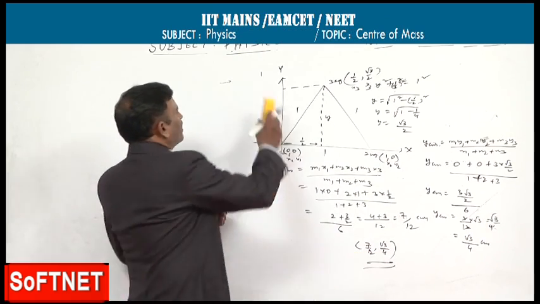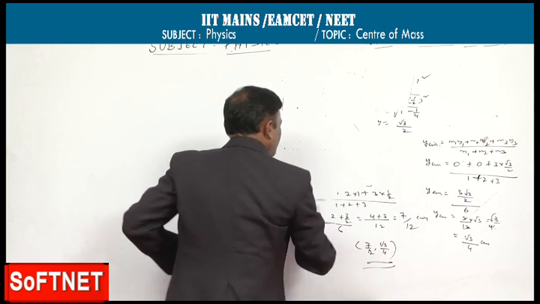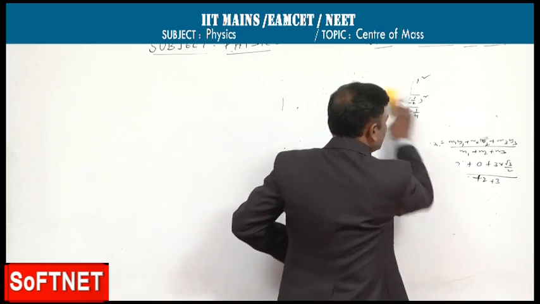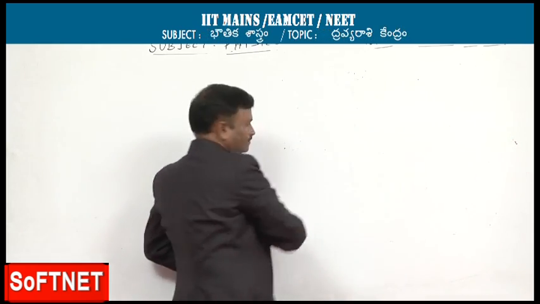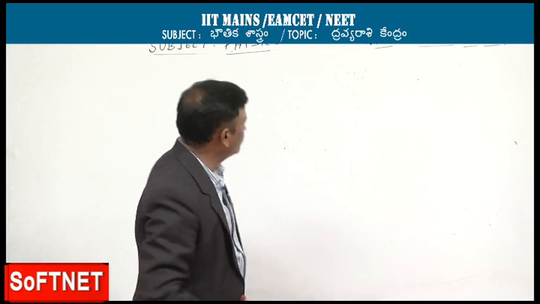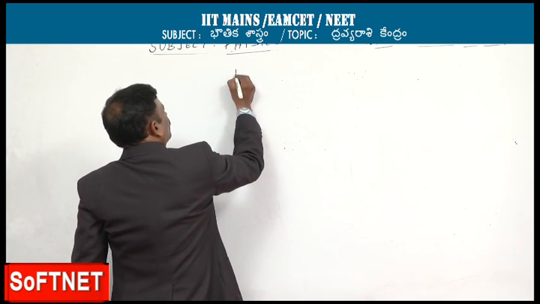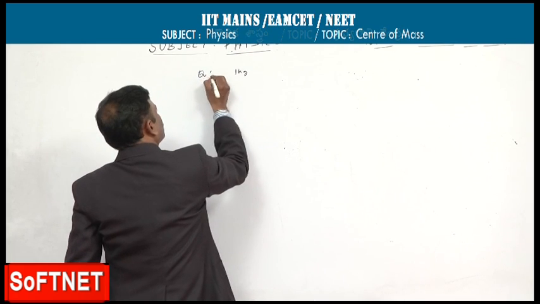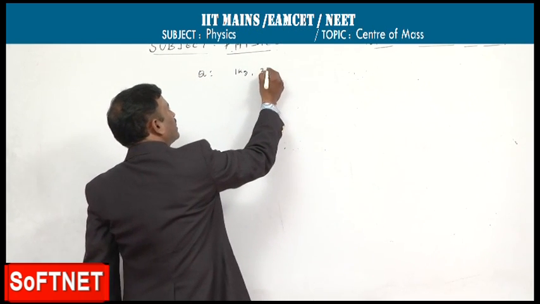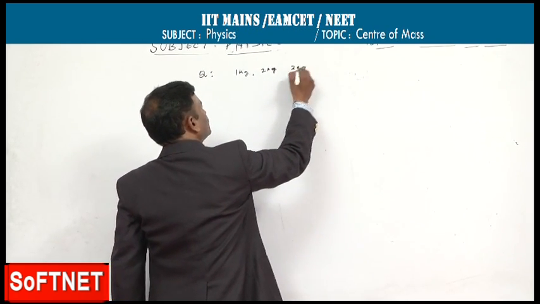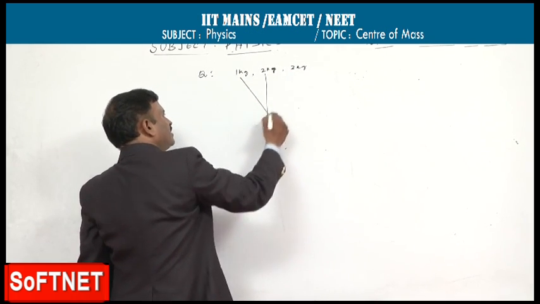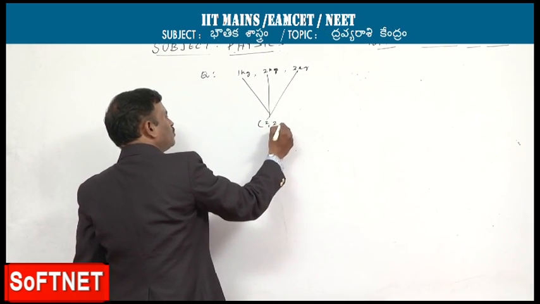Next let us see another model. It is very important, how to do the problem three-dimensionally. Let us see the problem. Masses of 1 kg, 2 kg and 3 kg are taken, and the center of mass is given as 2, 2, 2.